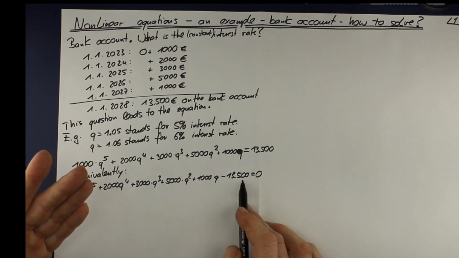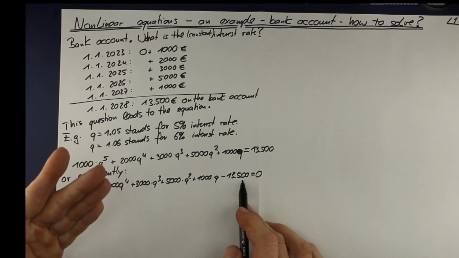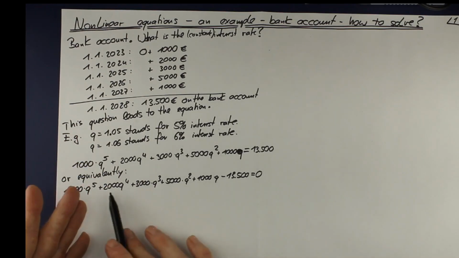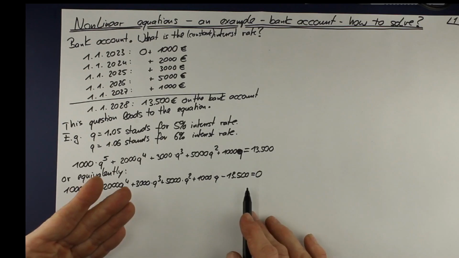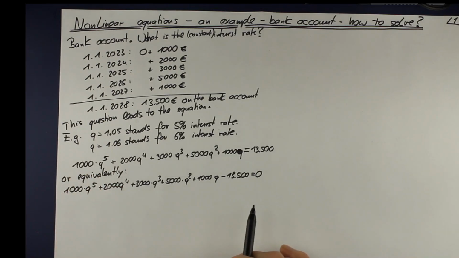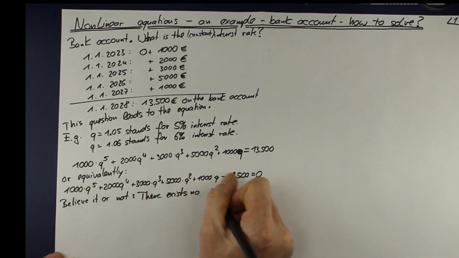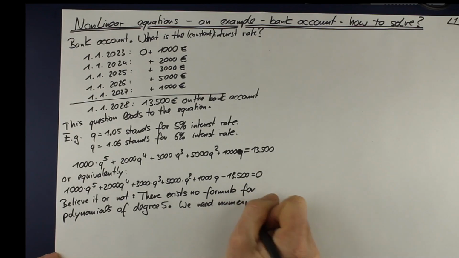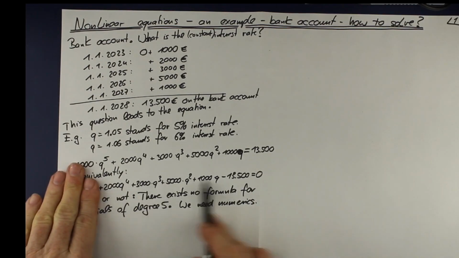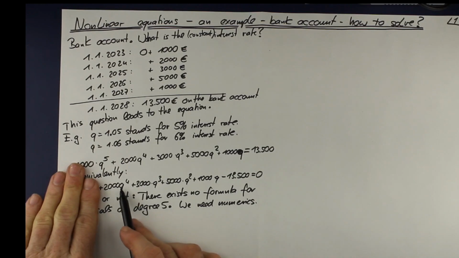Being a non-mathematician, he will ask, oh dear mathematicians, please tell me which formula I can use to solve equations like that? And what is the answer? The answer is, up to degree 4, if this had been the question, there are formulas.